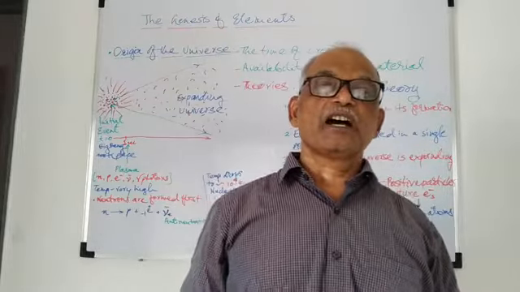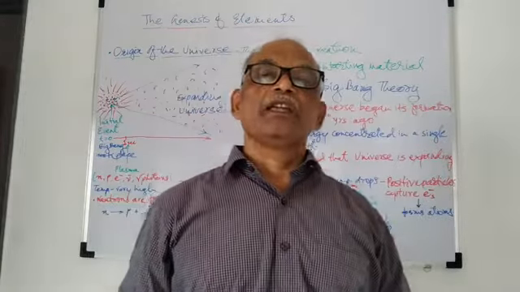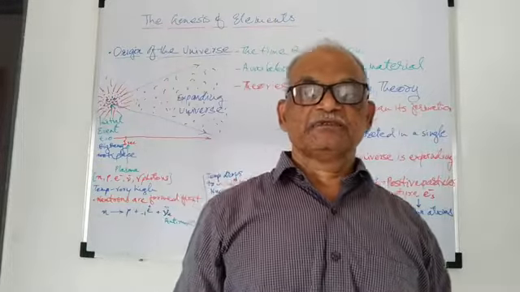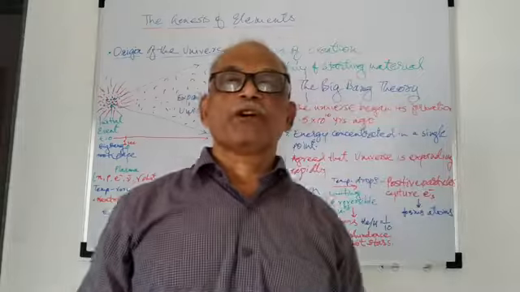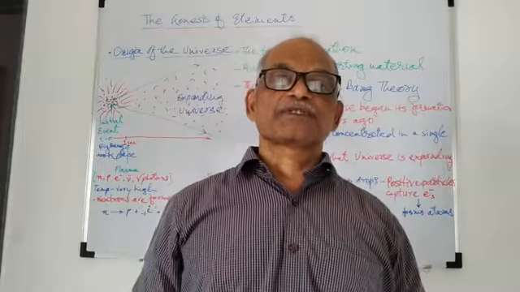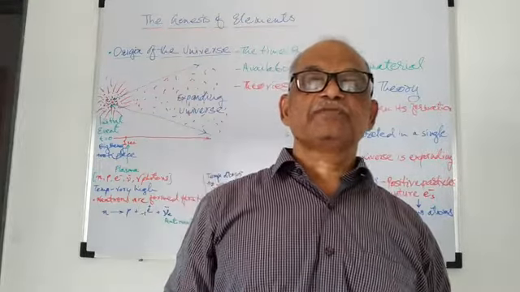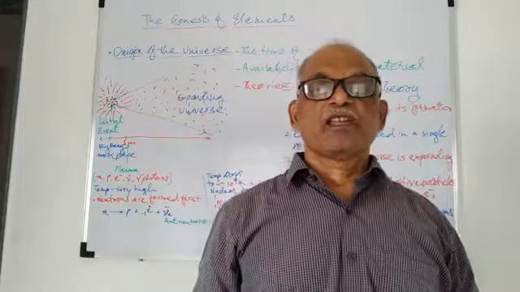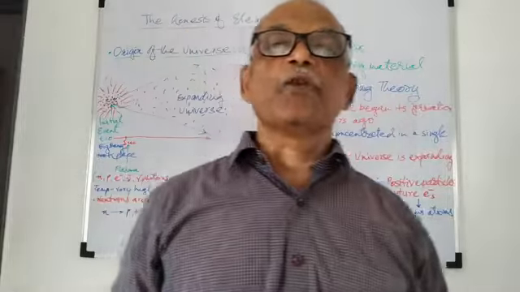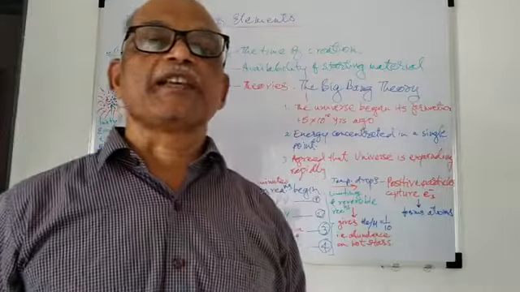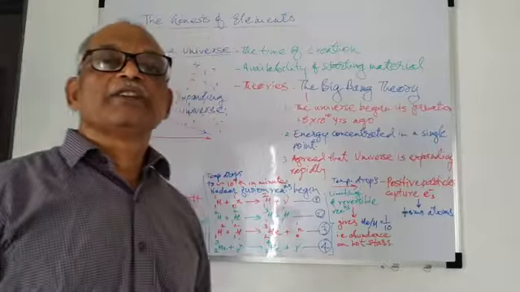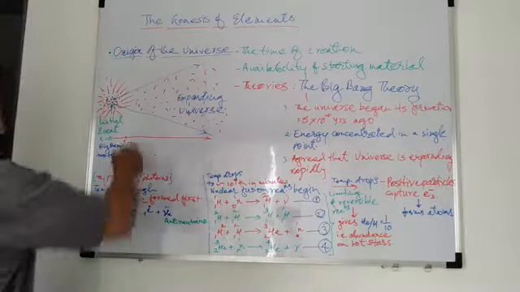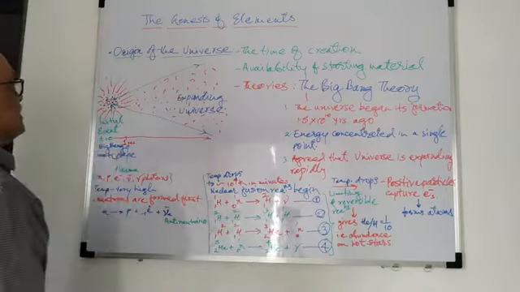So we are now in a certain stage of the expanding universe. The knowledge of the universe tells us that the universe is continuously expanding, and we are now going to study the role of the universe and how it is formed. That is the genesis of elements.